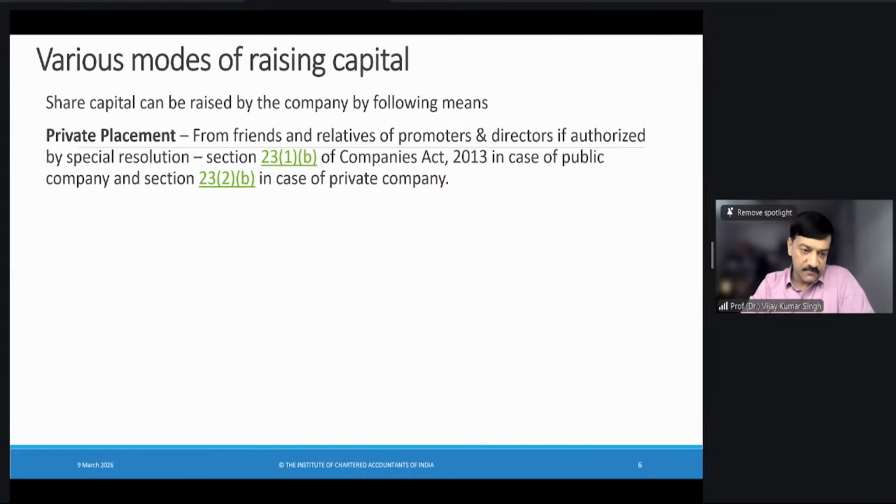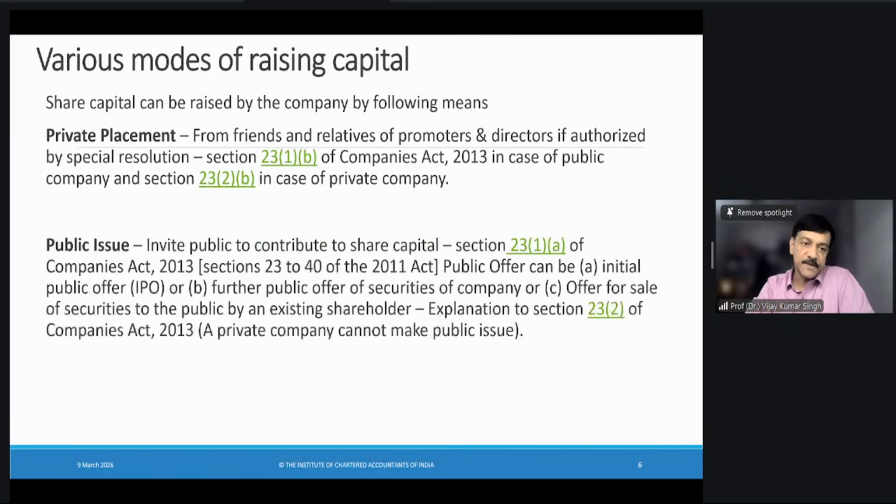As I told you before, you can raise it from friends, from relatives, or relatives of promoters and directors if you are authorized by a special resolution. In case of a public company, under section 23(1)(b) or 23(2)(b), in case of a private company, you can raise money through private placement.